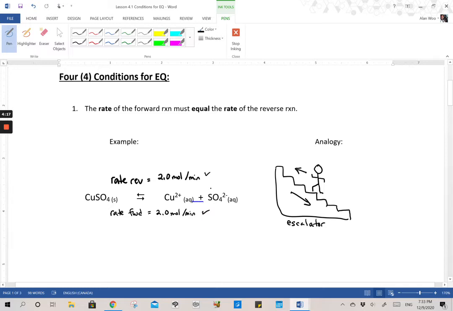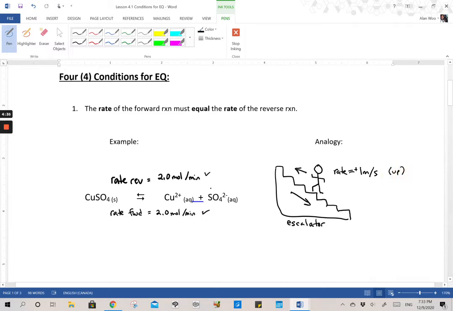So let's say the rate of the person is 1 meter per second, so that's positive 1 meter per second. So he's going upwards.